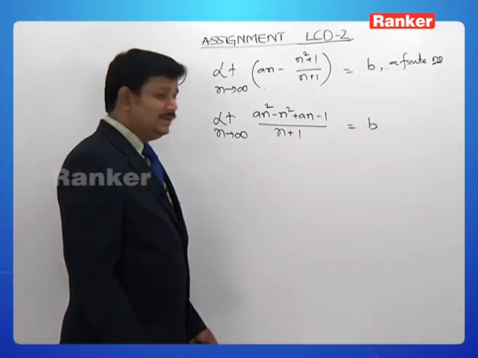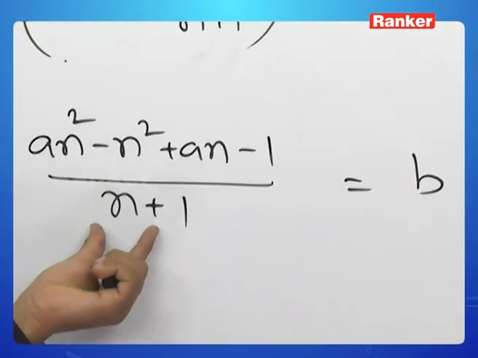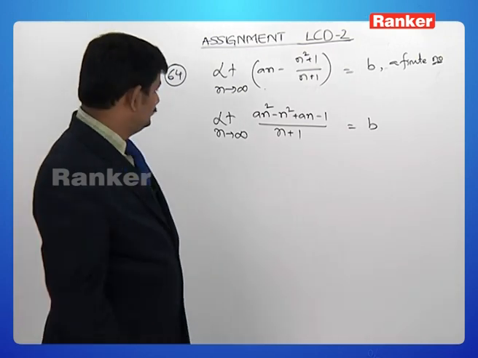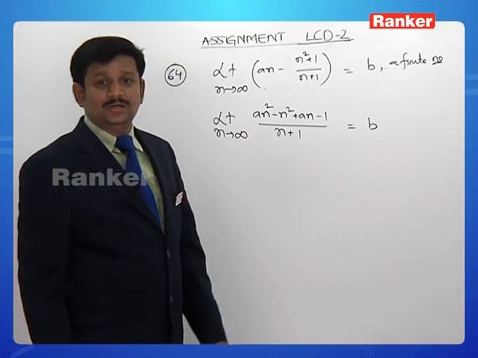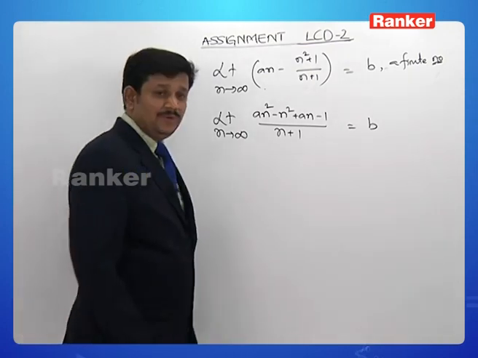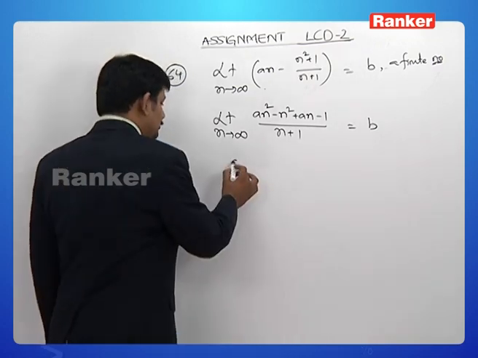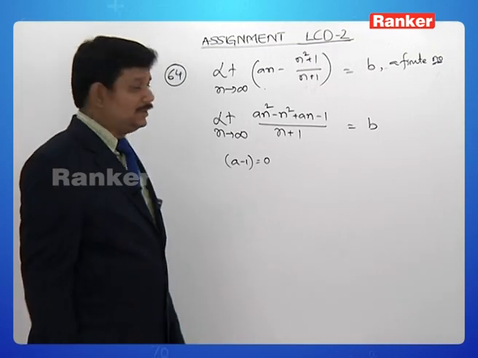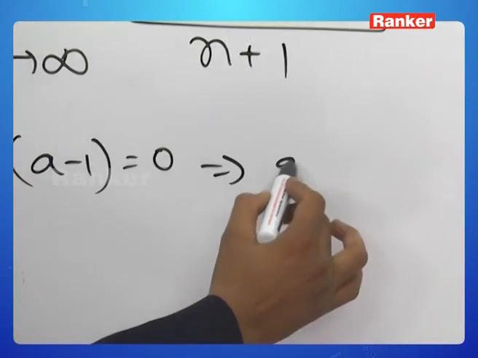As n is infinitely large, if the degree of the numerator is greater than the degree of the denominator, the answer would be infinitely large. For the answer to be finite, the n square coefficient in the numerator should become 0. So, a minus 1, which is the coefficient of n square in the numerator, should become 0. So, a should be equal to 1.